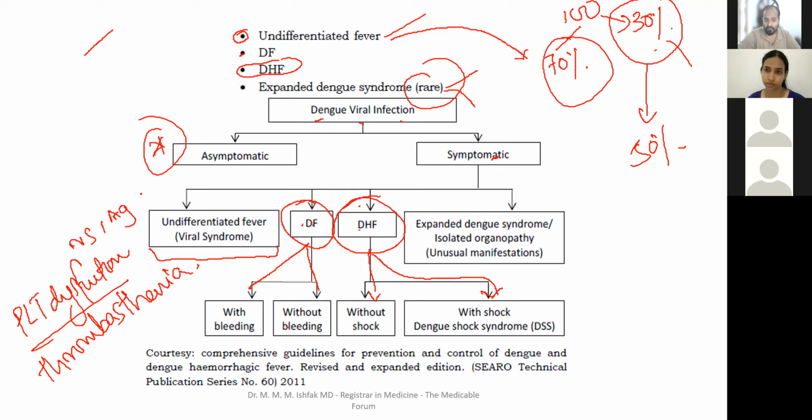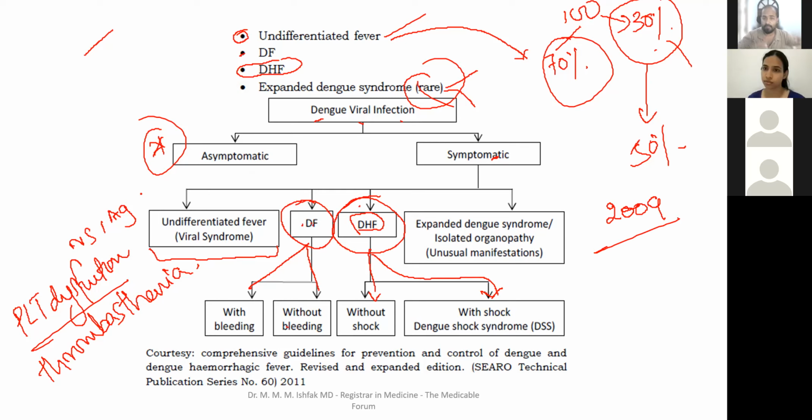Now we should not forget that the name itself tells you dengue hemorrhagic fever, because before 2009. Now, 2009 was a period where Sri Lanka was having a very bad dengue epidemic, where many patients were dying, many pregnant mothers were dying.